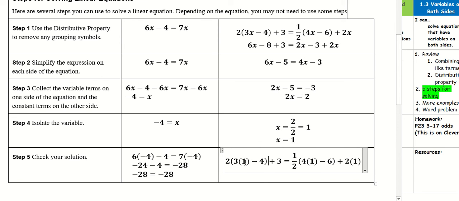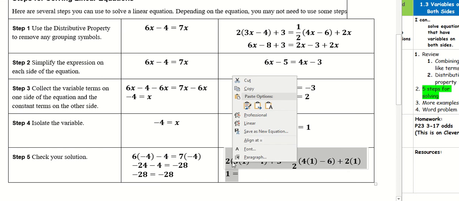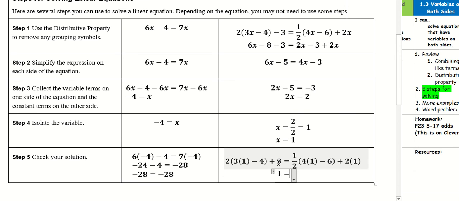Three times 1 is 3, minus 4 is negative 1, times 2 gets me negative 2, plus 3 gets me 1. So this whole side became 1. Then on this side, 4 times 1 is 4, minus 6 is negative 2, times 1/2 is negative 1, plus 2 is 1. So this side simplified to be 1, this side simplified to be 1. So I know I did it correctly. I know my answer is x equals 1. So this is what I'd put into the computer on Clever, is x equals 1.